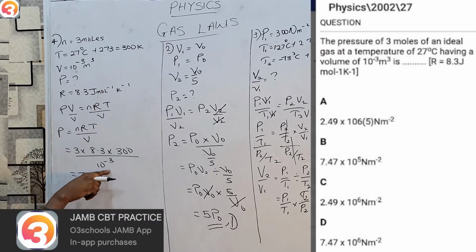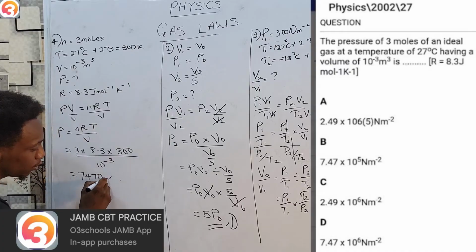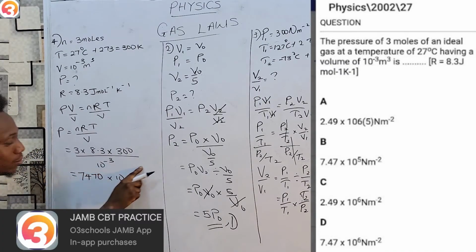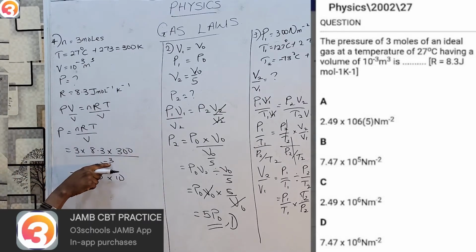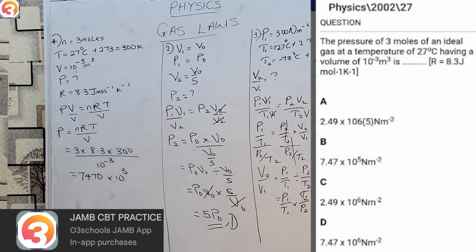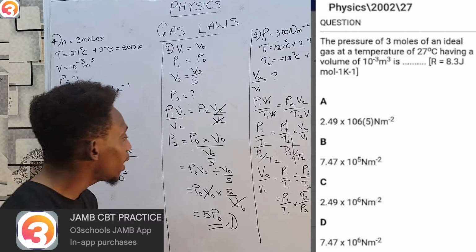7470. Now, I don't have another power here with 10 raised to the power anything to divide this. I simply know that as this is coming upwards from the denominator, the power is going to change sign. If it was positive, when it comes up, it will have minus. But it's negative, so when it comes up, it's going to be plus 3. If I look at my options, this answer is not there.